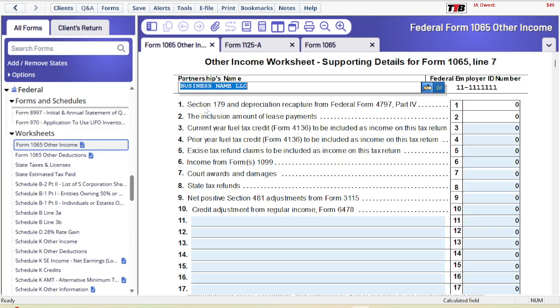So here is depreciation recapture, pretty much for federal form 4797 Part V. So pretty much if you bought an asset during the year, and you claim section 179 and deduct it pretty much in full, but you didn't keep it for the number of years you are supposed to use it, because those are depreciable assets, and you took it out of service within a few years, you didn't go through the whole depreciation period.